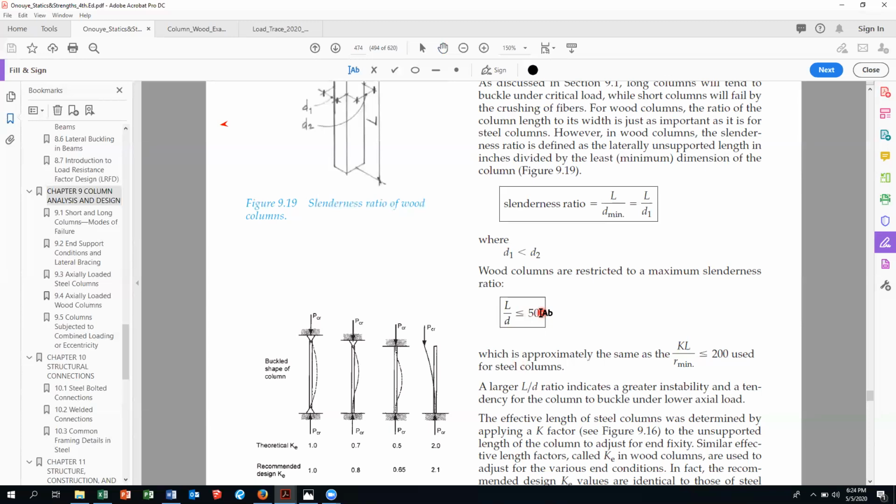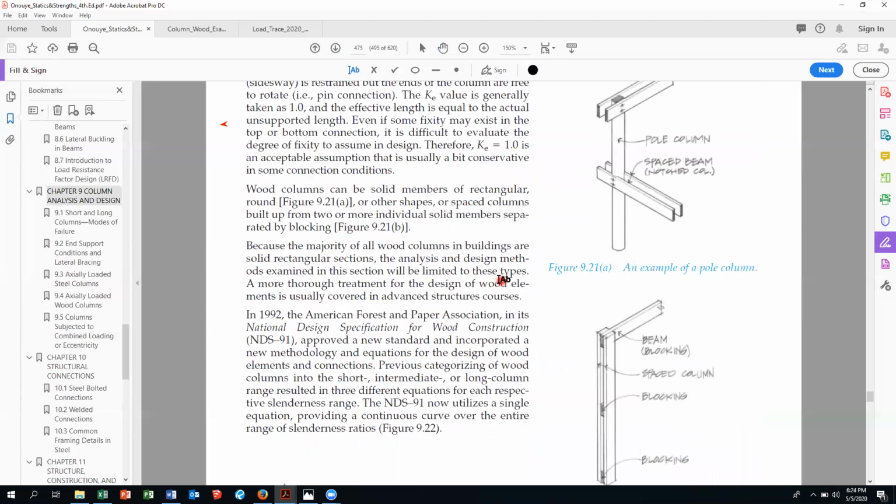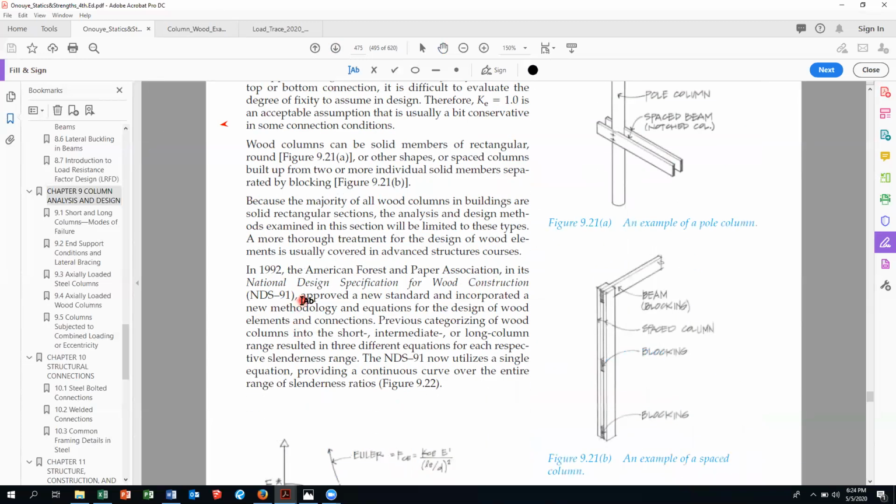Okay. Now, you've got the design specifications that the Forest and Paper Association puts out. We're not going to get into, actually, let me scare you with some formulas here.